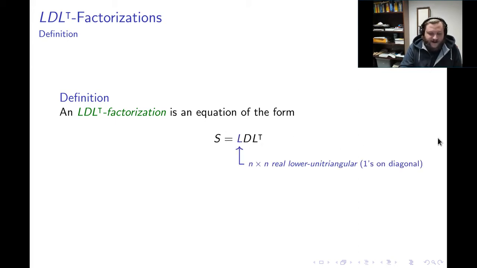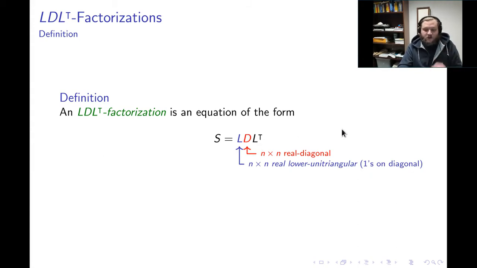In this factorization, L is an n by n real lower unitriangular matrix, and that term unitriangular means that there are ones on the diagonal of L. D is an n by n real diagonal matrix. And of course, L transpose is the transpose of L.